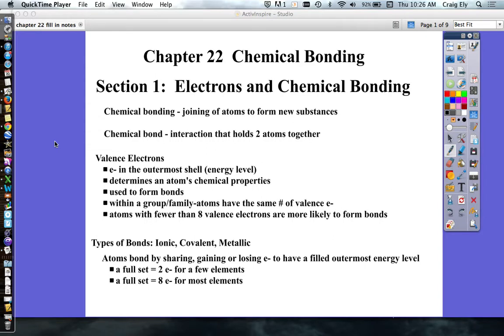All right? And as we said, a full set of electrons for, say, helium or some other elements is going to be 2 electrons, but most of the time we're going to be looking at a full set equaling 8 valence electrons, or 8 electrons in the outer energy level.